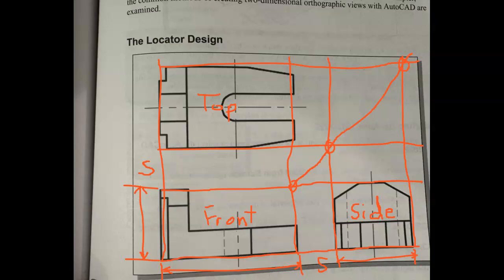We're going to be using an insertion point, so when we start the drawing, our insertion point is going to be 0, 0. We've already mentioned our width is going to equal 5 inches. Our height, according to the drawing and the text, is going to equal 2.5 inches.